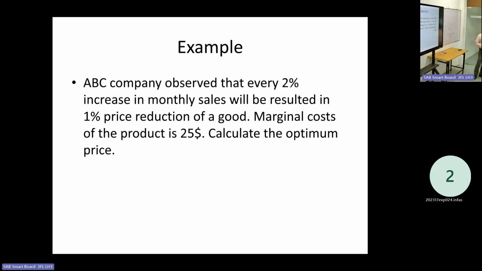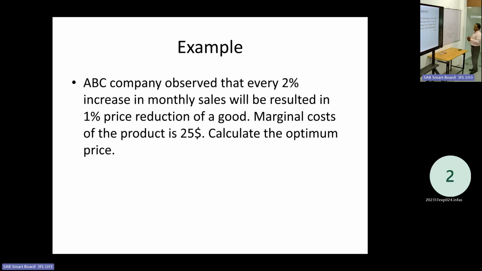Here the percentage change in demand is 2%, and the percentage change in price is 1%, so the price elasticity of demand is 2. We know the price elasticity of demand is always negative.